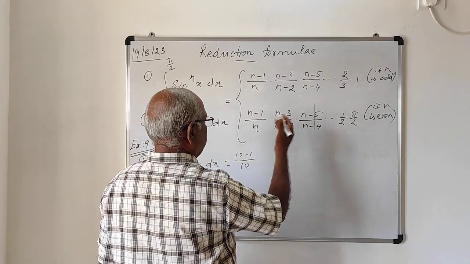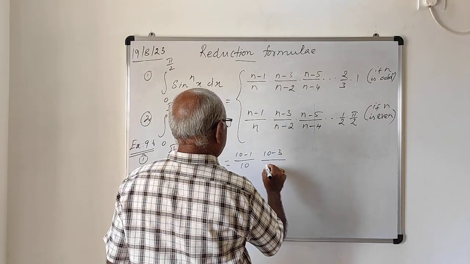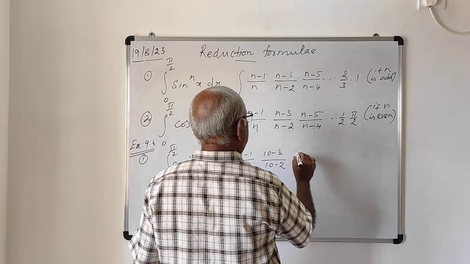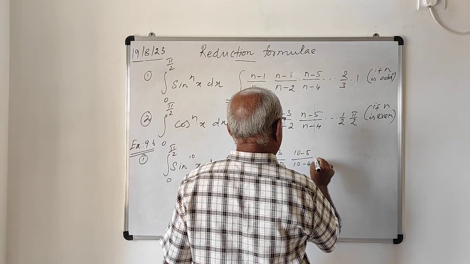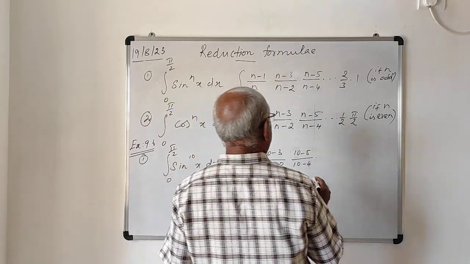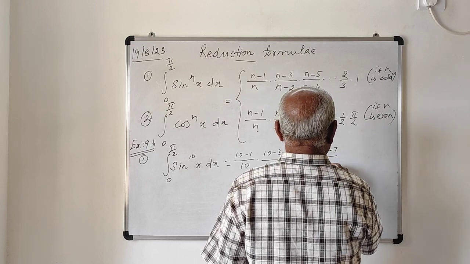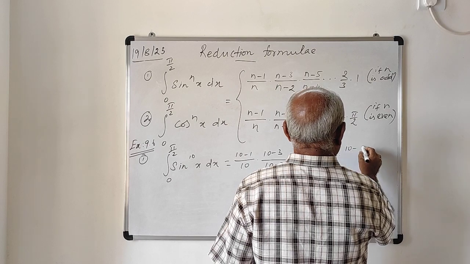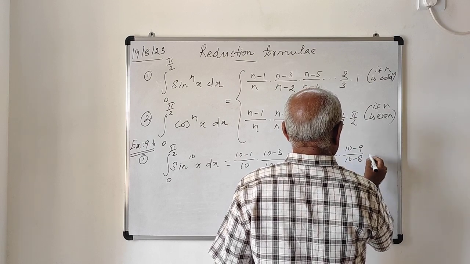Like that, you have to see each and every term: (10 minus 3) by (10 minus 2), and (10 minus 5) by (10 minus 4), and (10 minus 7) by (10 minus 6), and finally (10 minus 9) by (10 minus 8), that is 1 by 2.